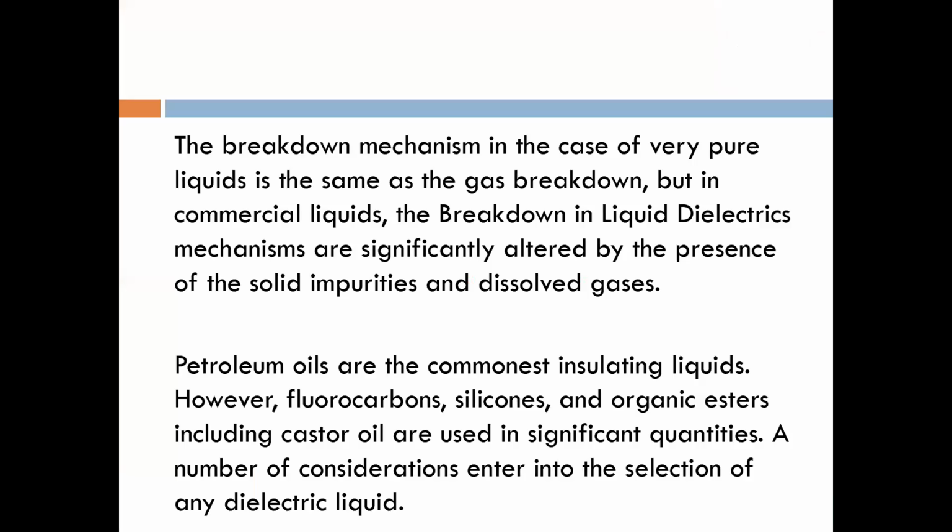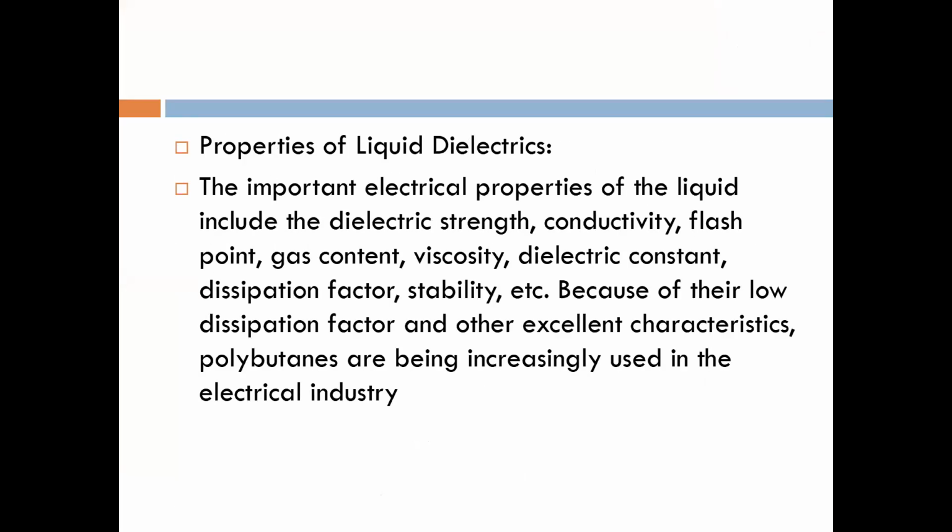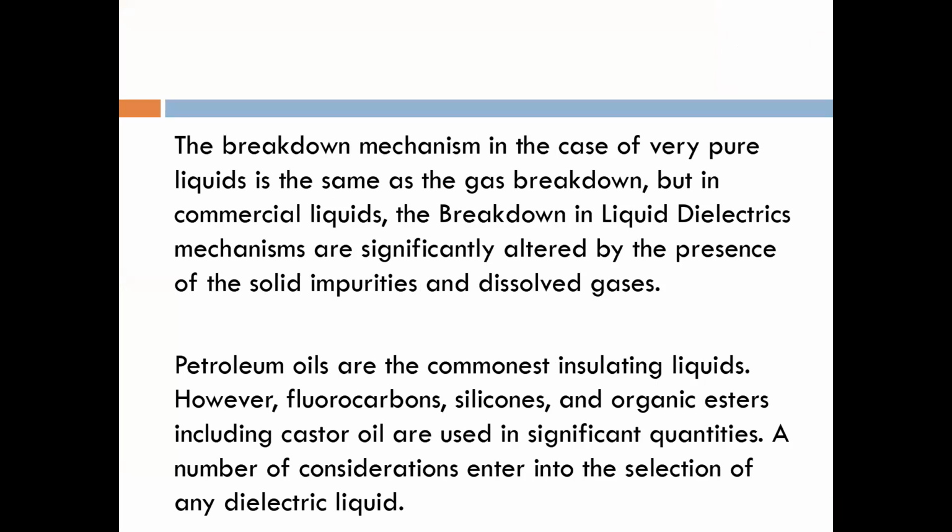Now we will see that the breakdown mechanism in a very pure liquid is the same as gas breakdown. The two are different: in commercial liquid it is different, and in pure liquid it is different. In commercial liquid, the breakdown mechanism is significantly altered by the presence of solid impurities and dissolved gas. As I told you, impurities may cause the breakdown in transformer oil.